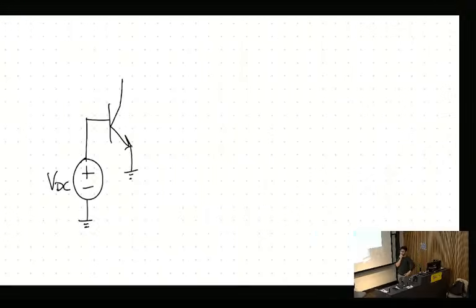If you try doing this and put it on your breadboard, you'll notice smoke coming out of your breadboard, especially if this is a power BJT. Let's think about what happens in an actual power amplifier. You're going to have some sort of load here, some load RL.